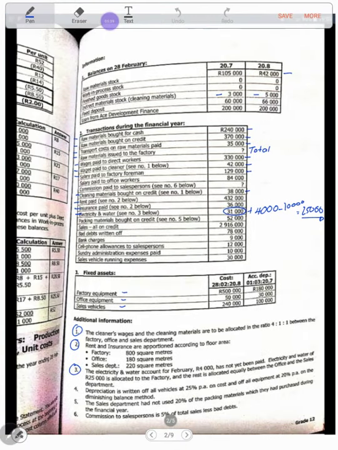They didn't give us the markup, but they did give us the selling price. They told us that our sales are all on credit and the sales is worth 2,916,000.